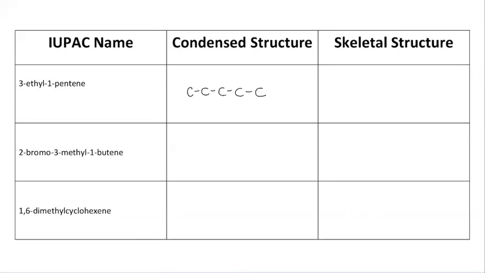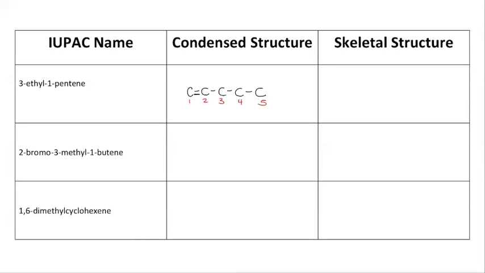Where is the carbon-carbon double bond? In between which 2 carbons? Great. 1 and 2. That's exactly where I'm going to write it. If this is 1, this is 2, this is 3, this is 4, this is 5.